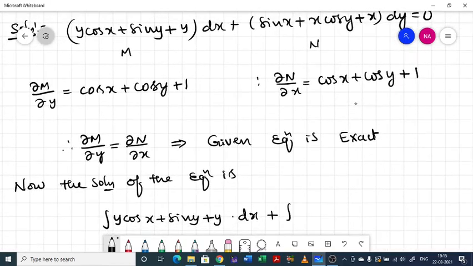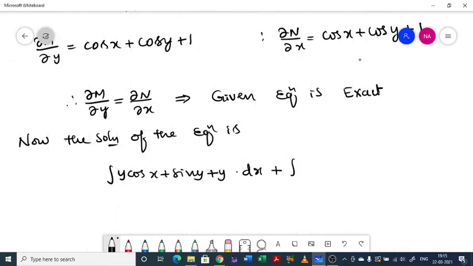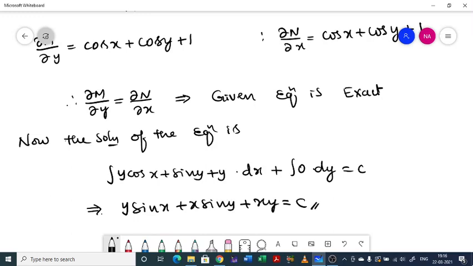There is no term not containing x, so N(y) is 0. N(y) is 0 into dy equal to c. Integrating this, the integral of cos x gives sin x, right? So y sin x plus x sin y plus xy equal to c. That is the required solution.